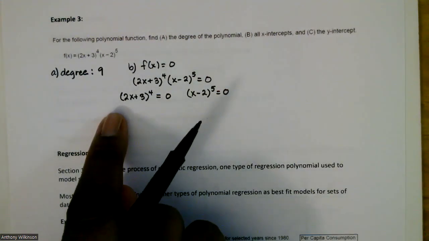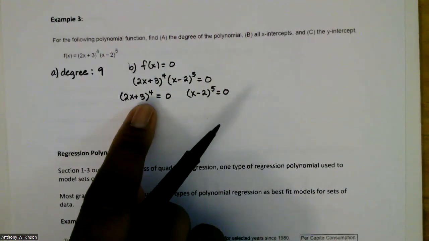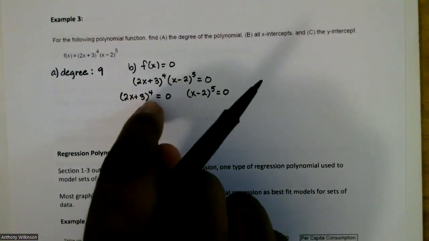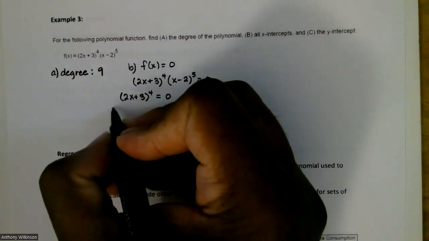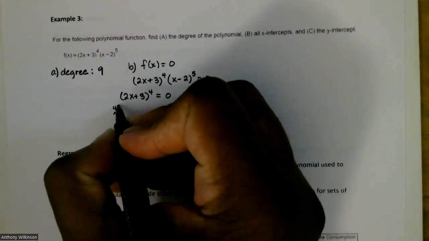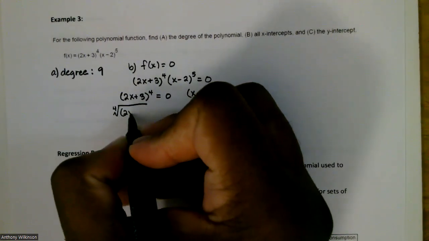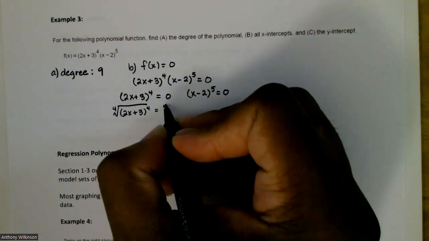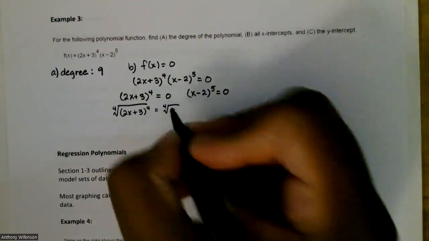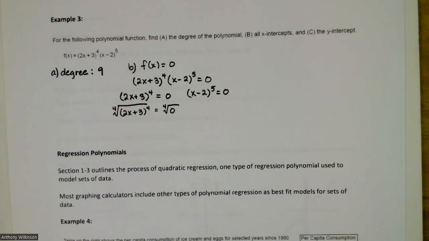So for the quantity 2x plus 3 raised to the 4th, to get rid of that power of 4, I need to do the 4th root on both sides. And notice I'm not putting a plus or minus here because of the fact that 0 is neither positive nor negative.